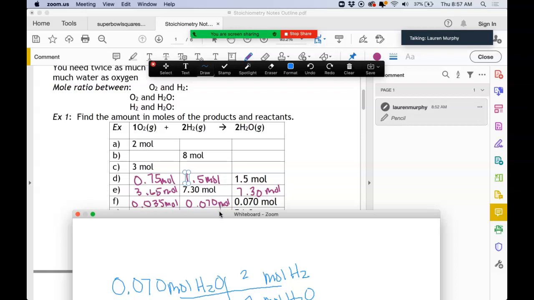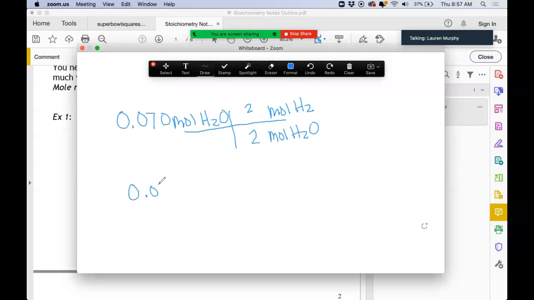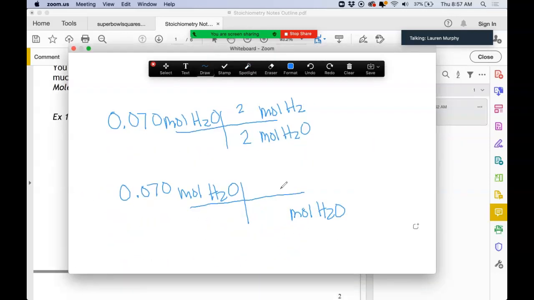Okay? And then let's do it again. 0.070 moles of water, and we'll put moles of water on the bottom again. Now we're going to do the other substance, which was oxygen gas.